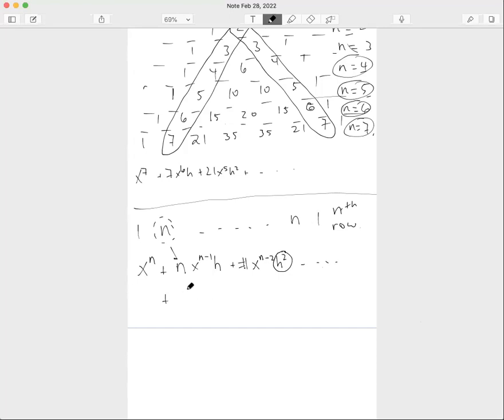At the second to last term, I get an n, and then you tell me what the x and h powers would be. Yeah, there's a single power of x, and now h has the n minus 1. Notice how the second to last term just flip-flops. And then what's the last term? h to the n.